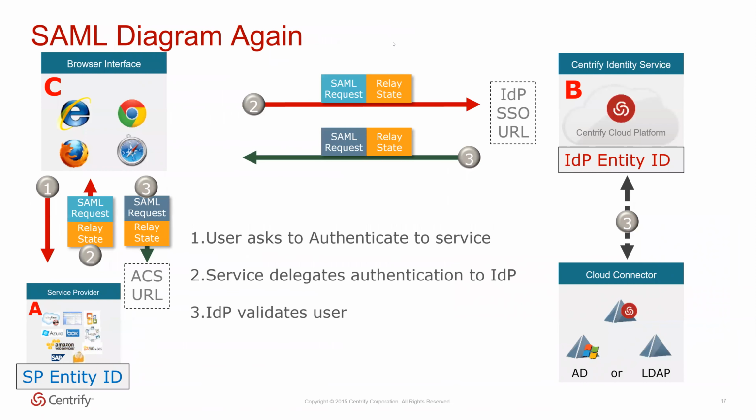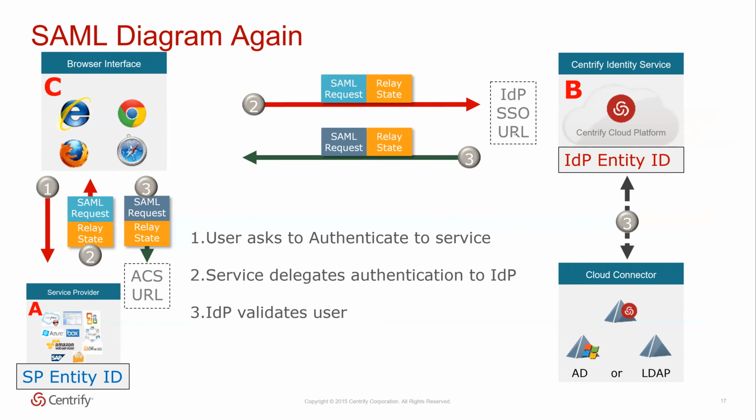Okay, so let's come back to this diagram again now, because we know a little more terminology. On this slide, the only thing new here is really service provider. On their side of configuration, they have an SP entity ID to give you. And you have an IDP entity ID given to them. It is generated from a SAML application, which we will get to see and play with tomorrow.